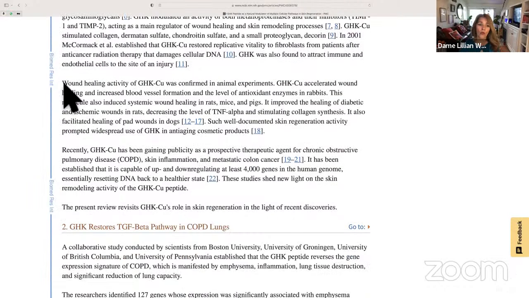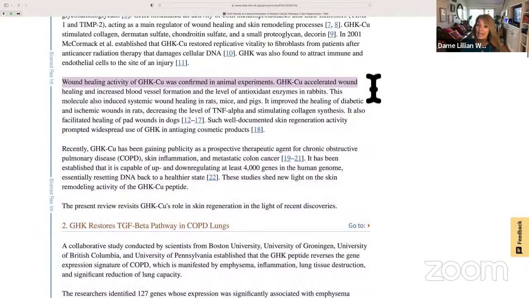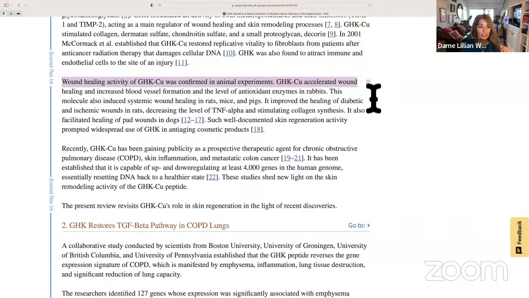It goes on to say that the wound healing activity of GHK-Cu was confirmed in animal experiments. This GHK-Cu sped up the repair and restoring of wound healing and increased blood vessel formation.